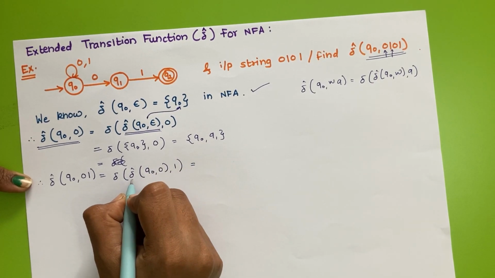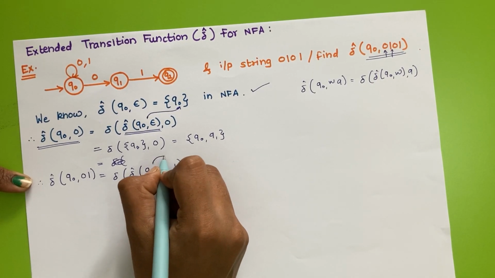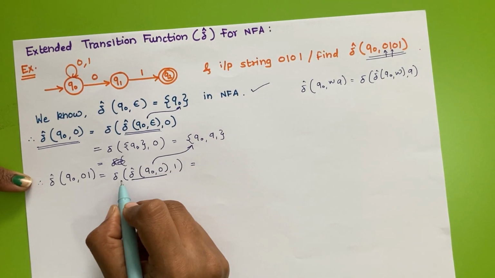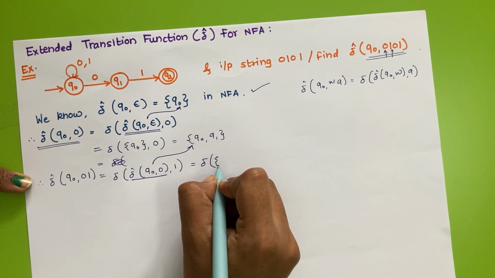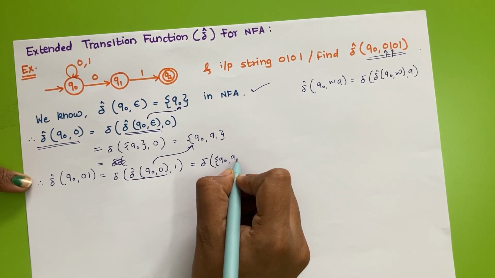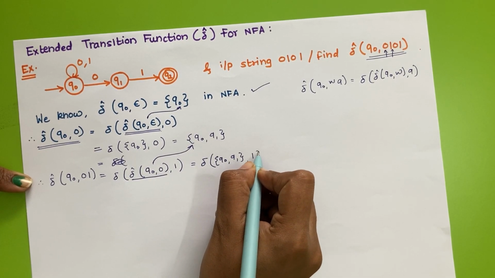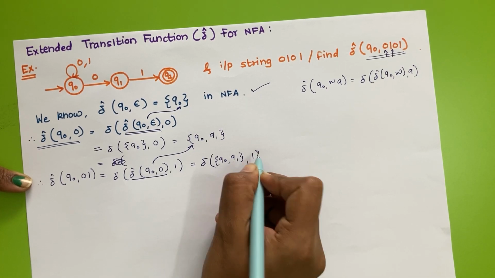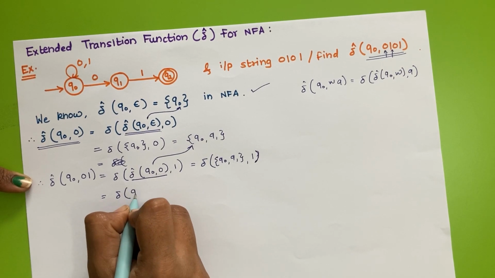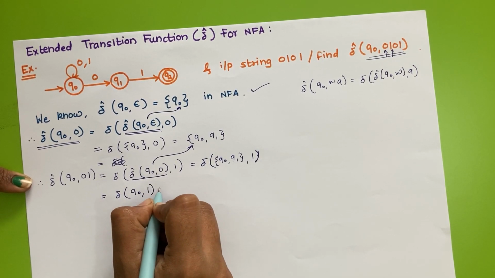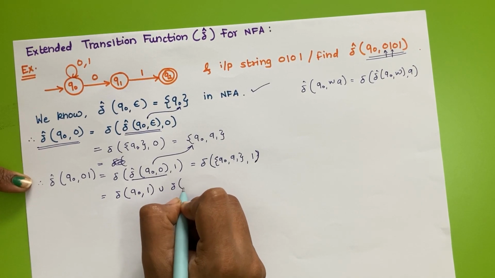I know the value of this term from the last step: we have received two states, Q0 comma Q1, comma 1. Again we divide this into delta of Q0 comma 1 and delta of Q1 comma 1. Here you have to take the union of these two.